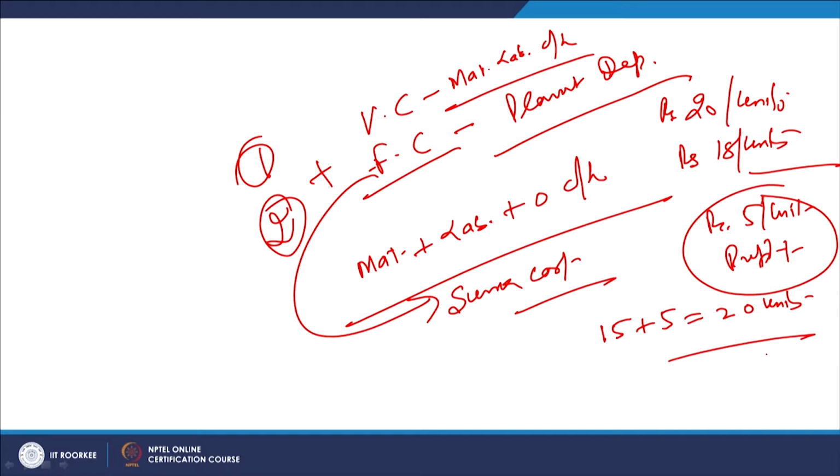Out of this total cost of 15 rupees, the variable cost was 12 rupees and the fixed cost is 3 rupees. So the total cost of the product is 15 rupees.